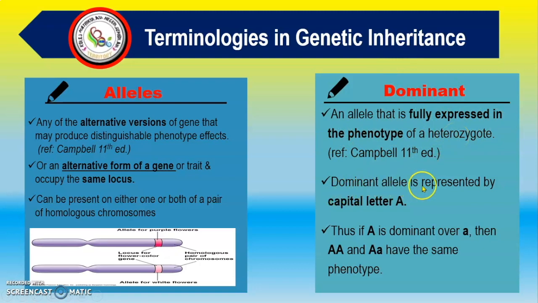Dominant allele is represented by capital letter A. Thus, if capital A is dominant over small a, then capital A capital A and capital A small a have the same phenotype.